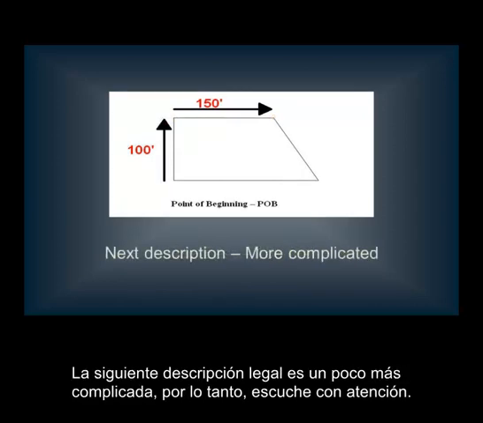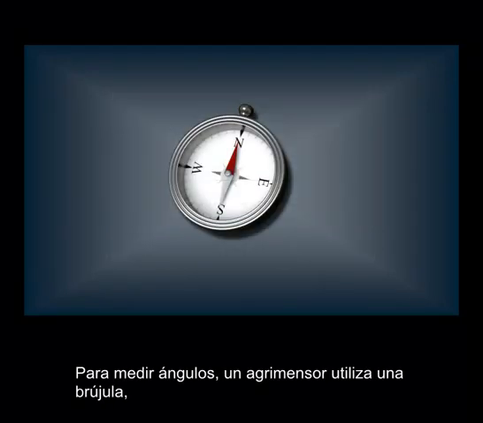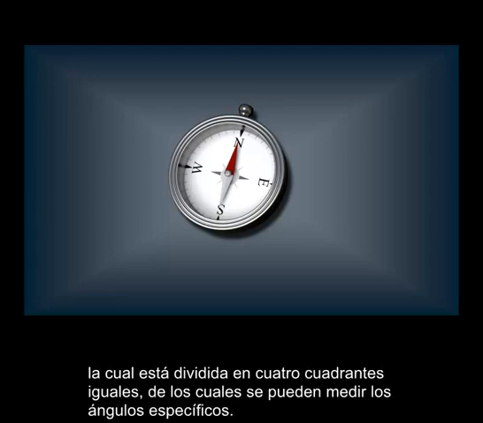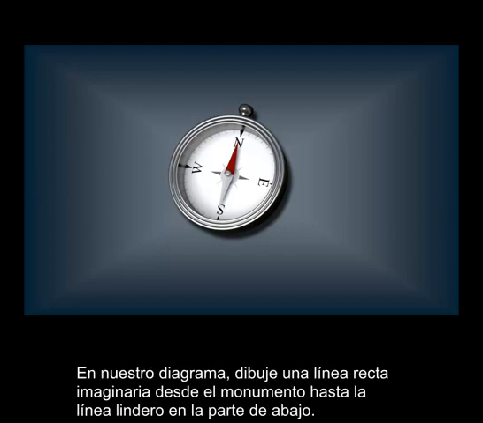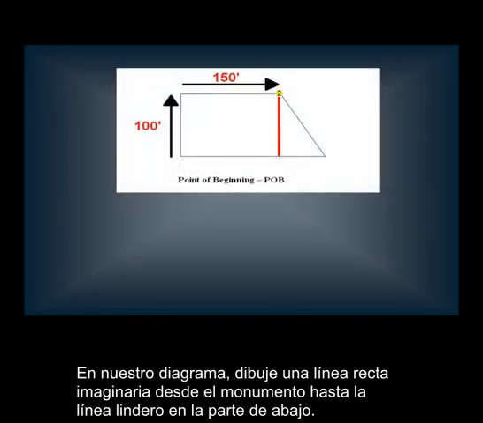The next description is a bit more complicated, so please listen carefully. To measure angles, a surveyor will use a compass, which is divided into 4 equal quadrants, and then the specific degrees are measured. In our diagram, draw an imaginary straight line from the monument to the bottom boundary line.